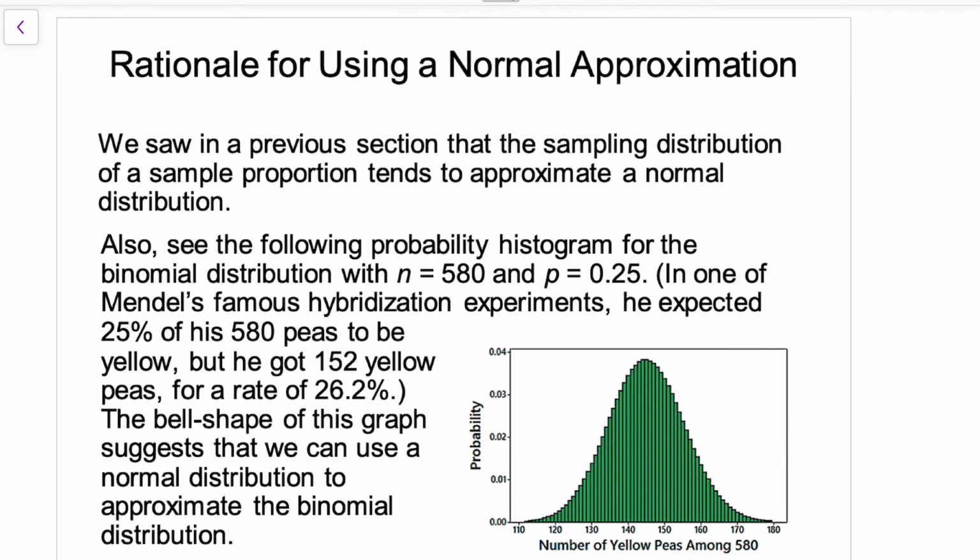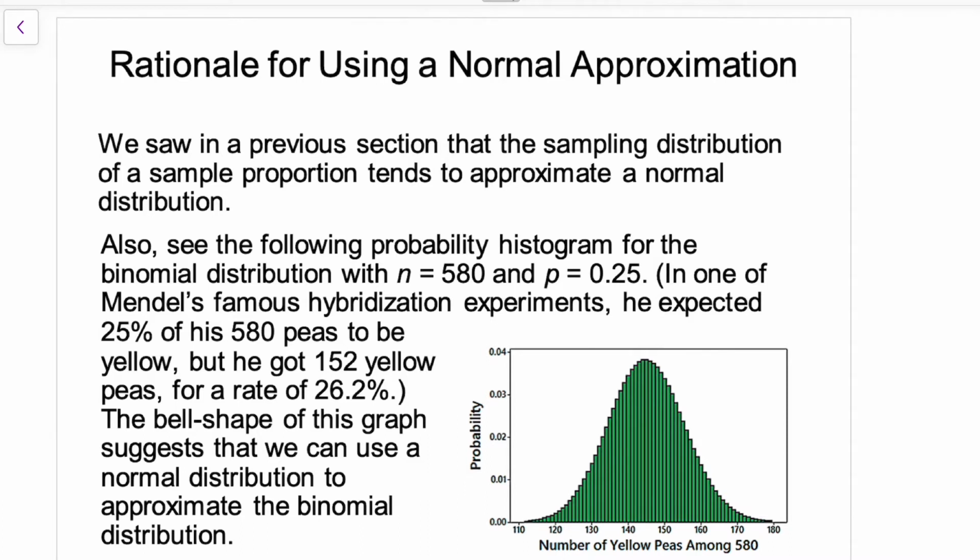Okay, let's talk about why we want to use the normal distribution as an approximation. Here we're going to look at Mendel's famous hybridization experiments, where he tests whether certain traits were dominant or recessive. Here he's looking at the number of yellow pea pods that will come out of offspring when the choices fall between yellow and green.